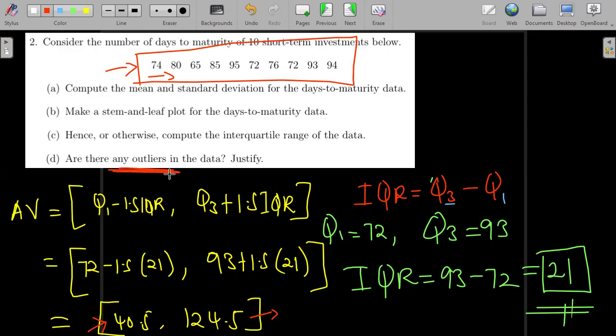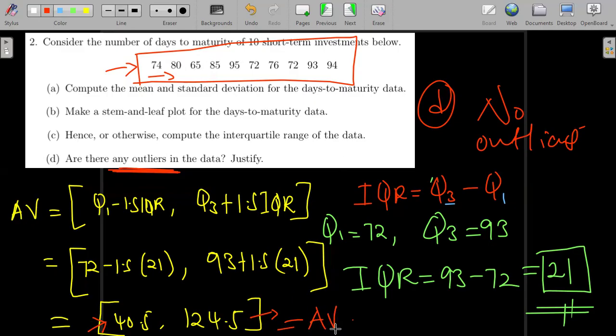It's way below or it's way high. But in this case, we see that all these values here are between 40.5 and 124.5. So we are going to say we have no outliers. There are no outliers, and we justify that by calculating this range of accepted values.